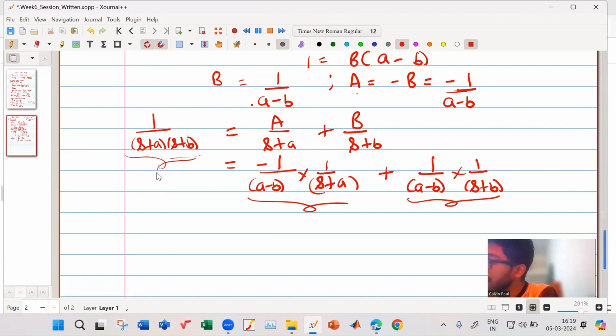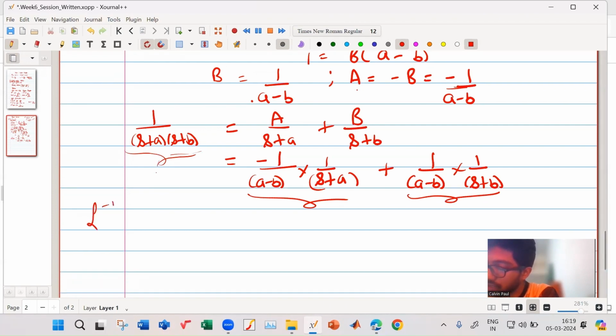Now I can take the Laplace inverse. So I take the Laplace inverse of 1 upon (S plus A) into (S plus B).